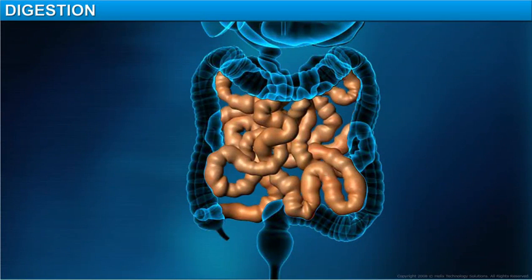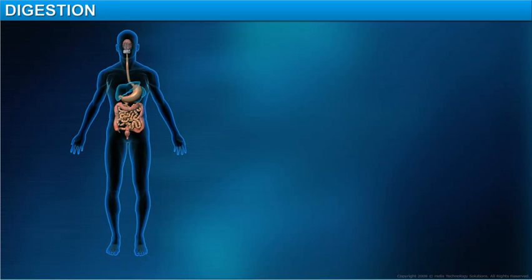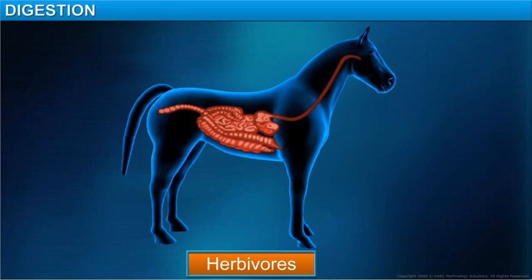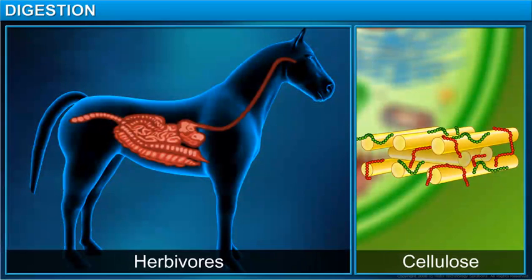The small intestine is the longest part of the alimentary canal. The length of the small intestine is much shorter in carnivores as compared to herbivores. This is because herbivores eat a plant-based, fibrous diet rich in cellulose, which takes longer to digest as compared to a meat-based diet.